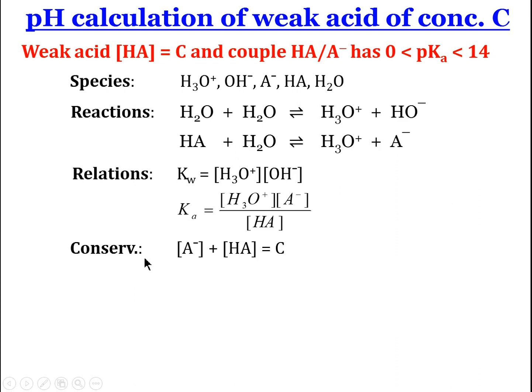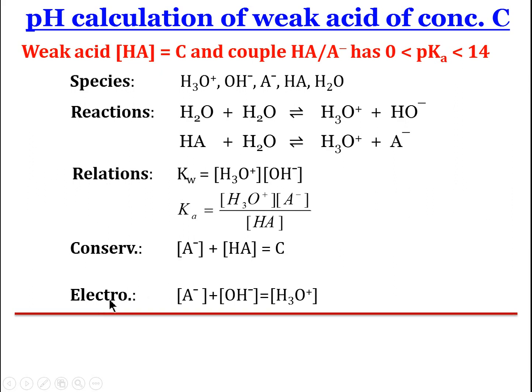The principle of conservation of species: A- formed plus HA remained is equal to HA initial, which is equal to C. And the principle of electroneutrality: the quantity of negative charge is equal to that of positive, so A- formed in solution plus OH- in the solution is equal to H3O+ in the solution.